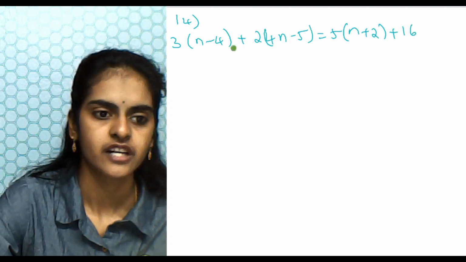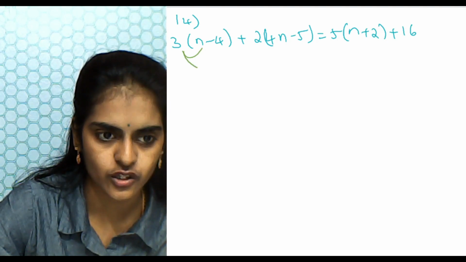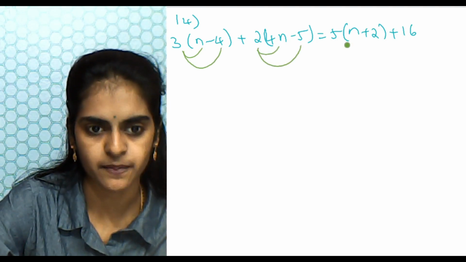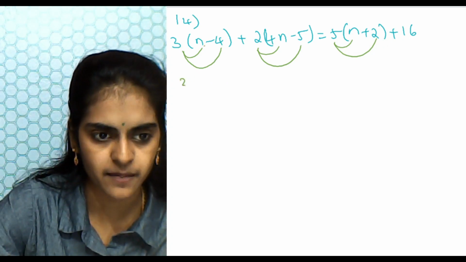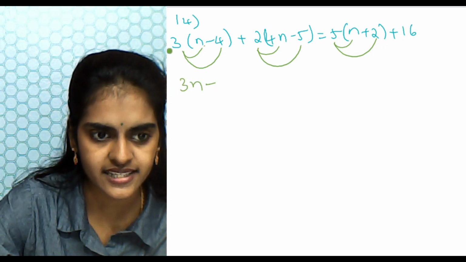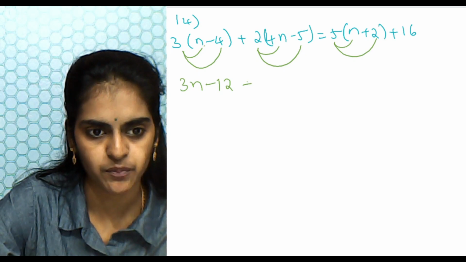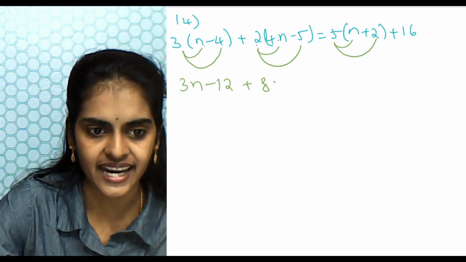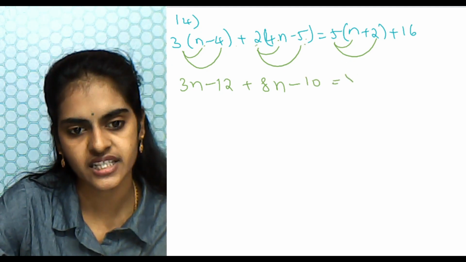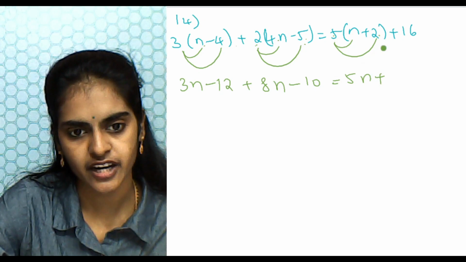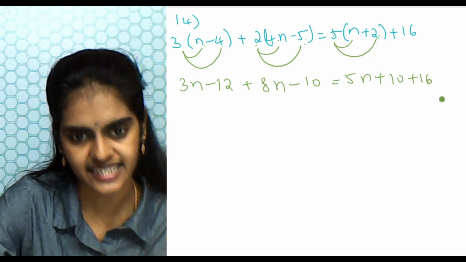So just see. 3 multiplied by n, so you'll multiply these two. You'll multiply here. So 3 multiplied by n is 3n. You have minus 3 fours are 12. Plus, now 2 fours are 8n, you have plus into minus is minus, 2 fives are 10, is equal to 5n plus 5 twos are 10 plus 16.